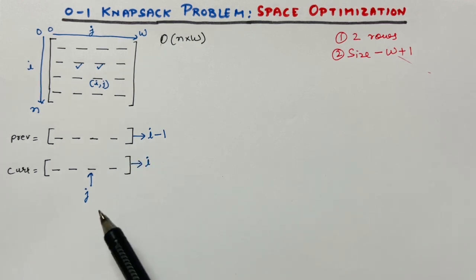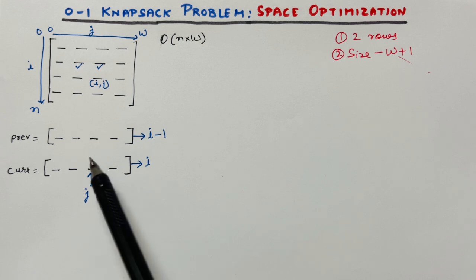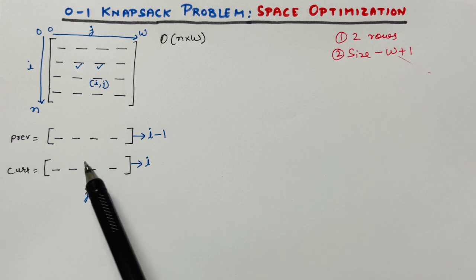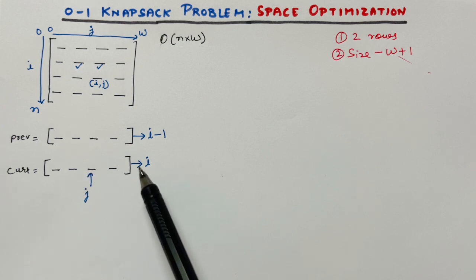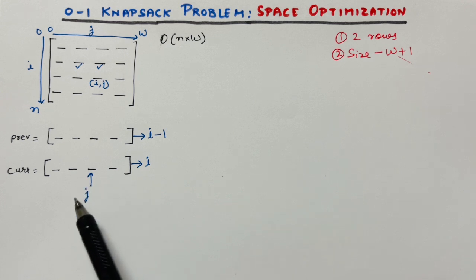Now let us try to see what every position of this row corresponds to. Any position of this row, let's say it is denoted by j, would correspond to capacity j. So what will the value here correspond to? The value here will represent the maximum value that we can obtain by considering the first i items when the knapsack's capacity is j.